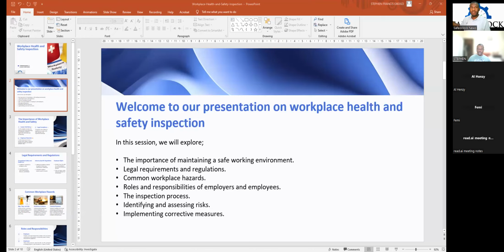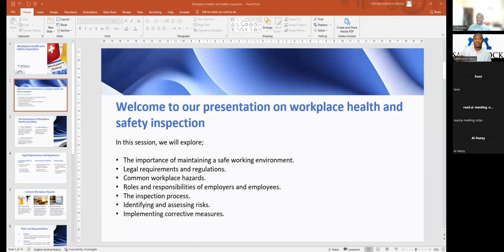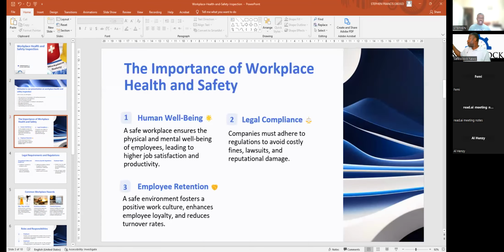So in order not to keep us waiting for that long, I will move to the next slide, which explains the importance of workplace health and safety.